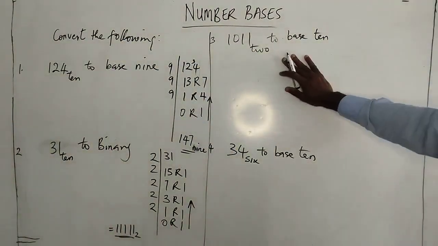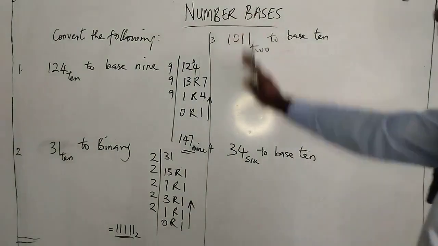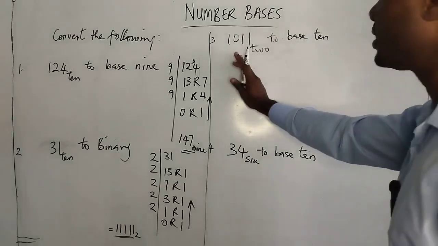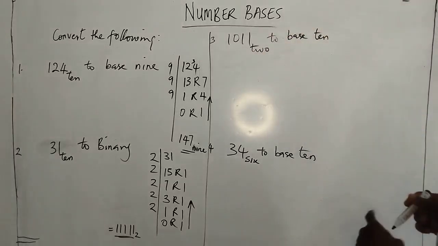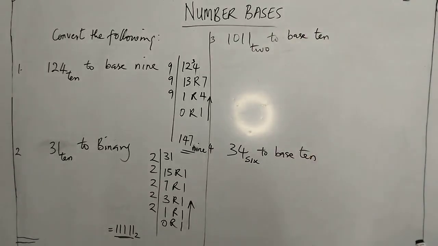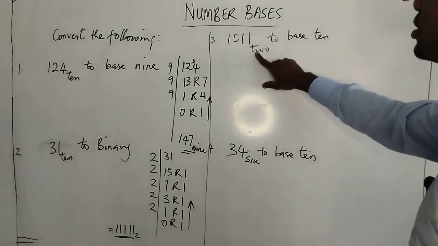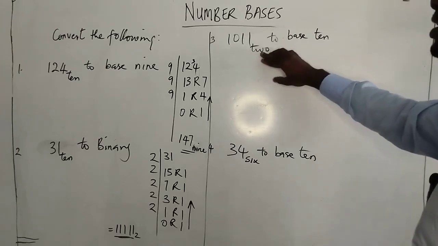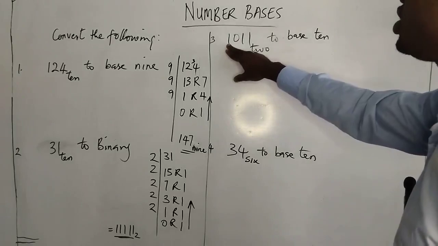Now, to this side of the board, we are going to look at how to convert numbers that are in other bases to base 10. In this case, there are 2 methods you can use. The first one is repeated multiplication method, where you use the given base number to multiply each of the digits.